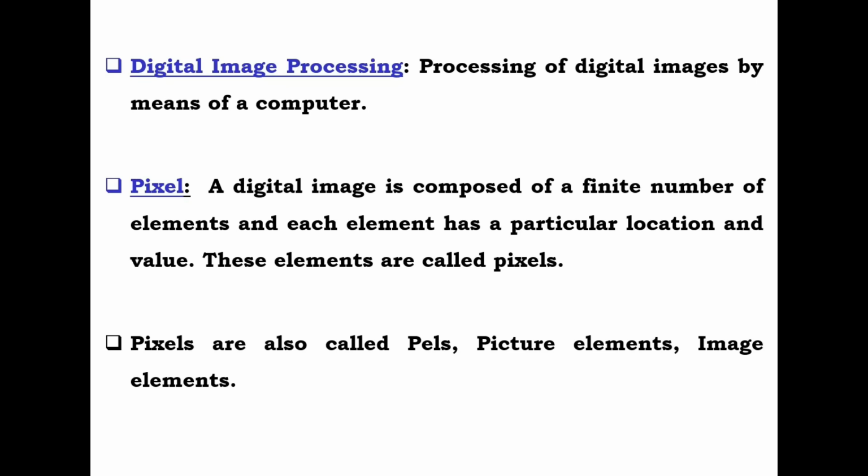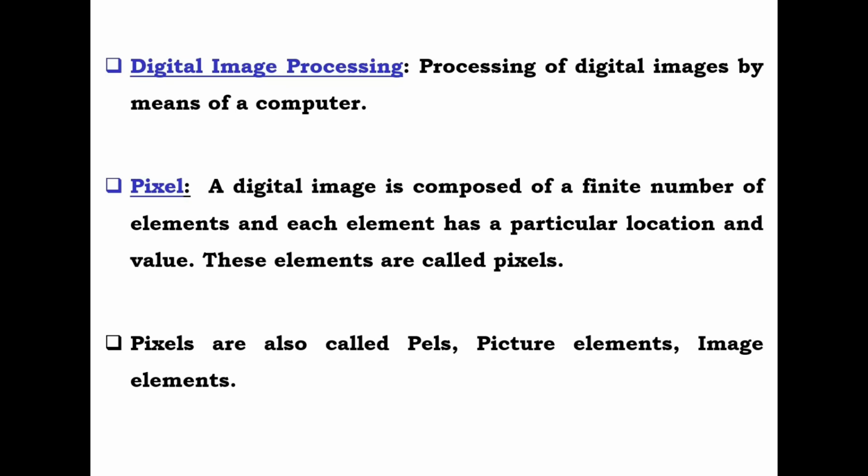Now, in terms of digital image processing, we need to understand a term called pixel. Generally, digital images contain a finite number of elements, and each element has a particular location and a value. Such elements are called pixels.